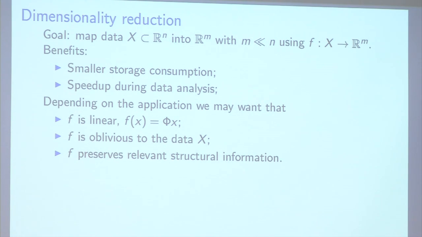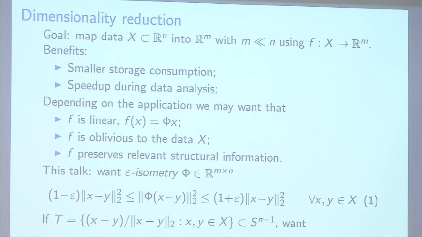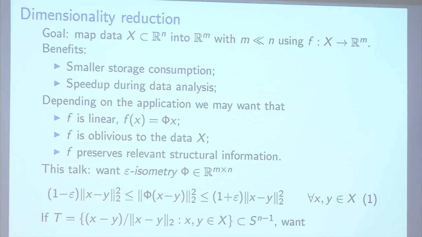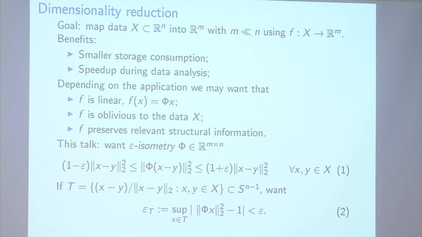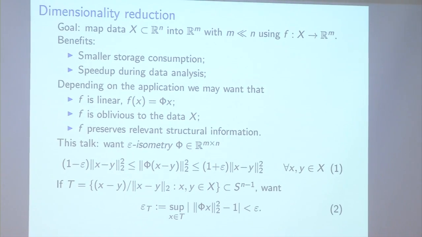Okay, and then we have to fix what kind of information we want to preserve. And like I said, the amount of dimensionality reduction that we can actually achieve here really depends on what kind of information we want to preserve. And in this talk, I will fix it as follows. We want to get an epsilon isometry on the data set.